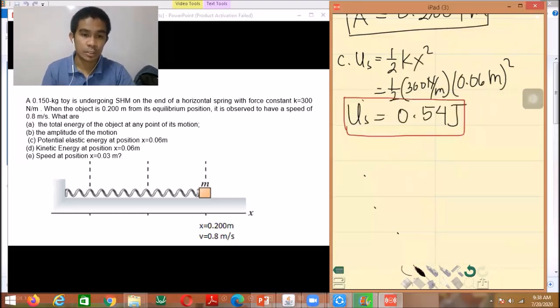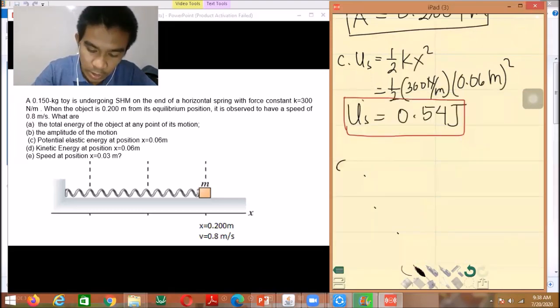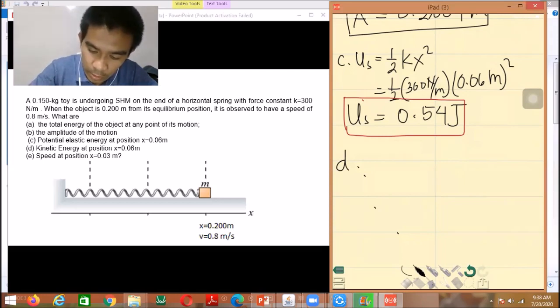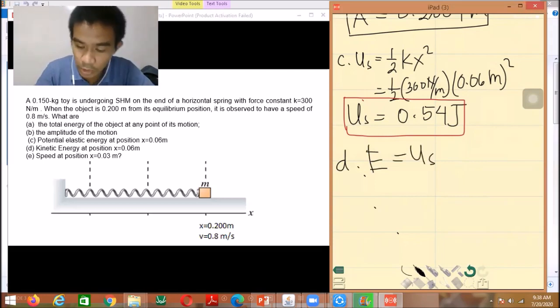So let's proceed to letter D. What is asked in letter D is the kinetic energy at position x equals 0.06. We know the elastic potential energy at that position, and we know that the total mechanical energy is the elastic potential energy at that position plus the kinetic energy at that position.